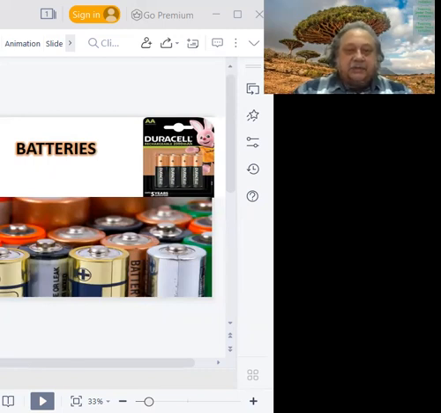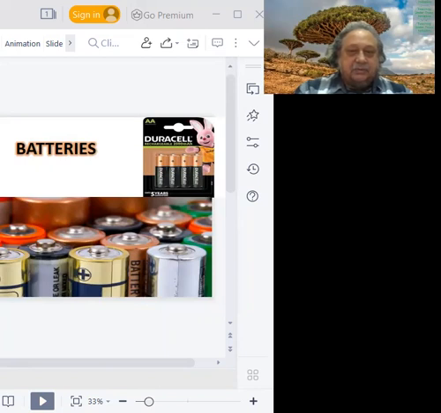We will look at the concept of reserve batteries, fuel cells, and charge and discharge cycles, as well as specific energy and energy density. Some of the core definitions within battery technology.